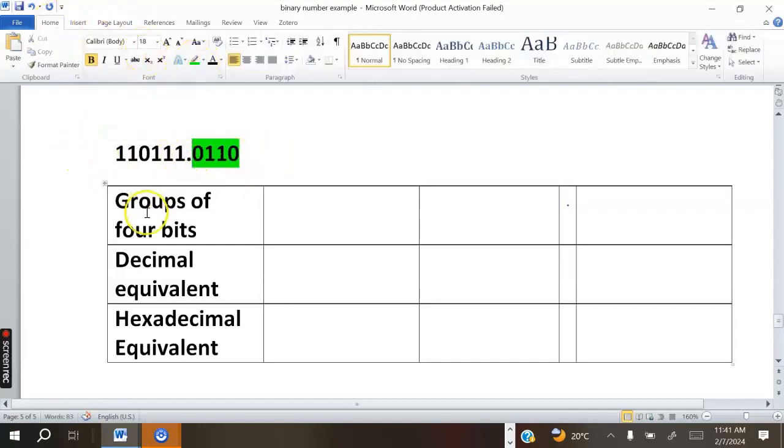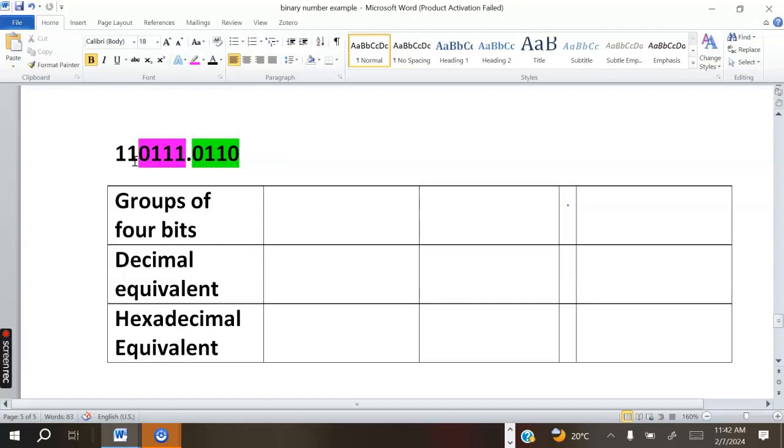Okay, let's move to the integral part. For the integral part, when you are dealing with bits that are less than 4, you group from the right. So let's group them in groups of 4. We have the first bunch, then we have another with 2 missing bits. What are we supposed to do?